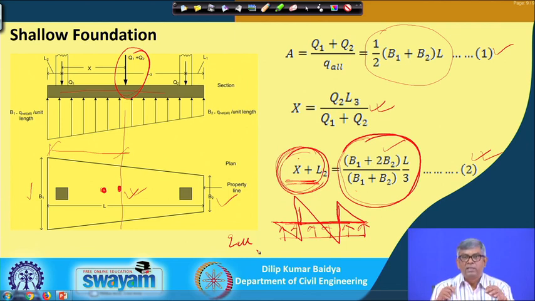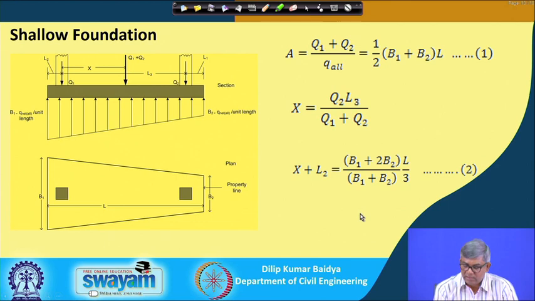After knowing the dimension, one can go for the bending moment and shear force diagrams and then the actual design, applying reinforced concrete theory, to provide the thickness required and the reinforcement required. I will not go into details on this.